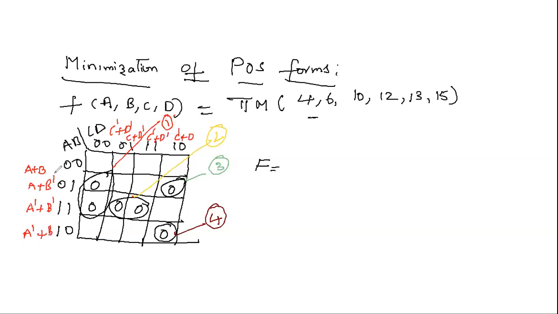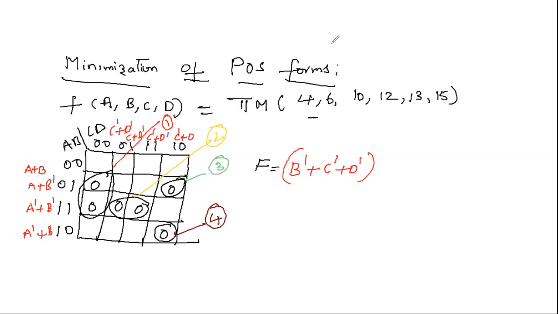What is the common term for these two? It is B complement. That is what you will write here: B complement plus, and what are the terms over here? C complement plus D complement. That is what we write for the first term.